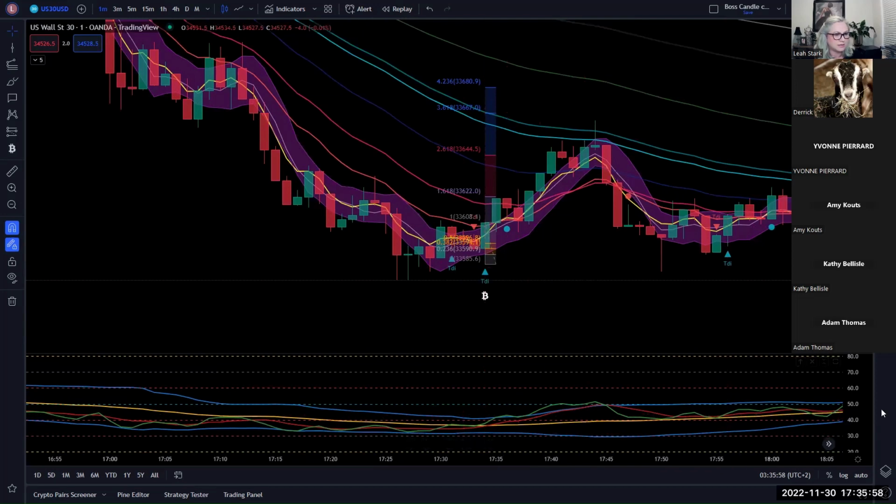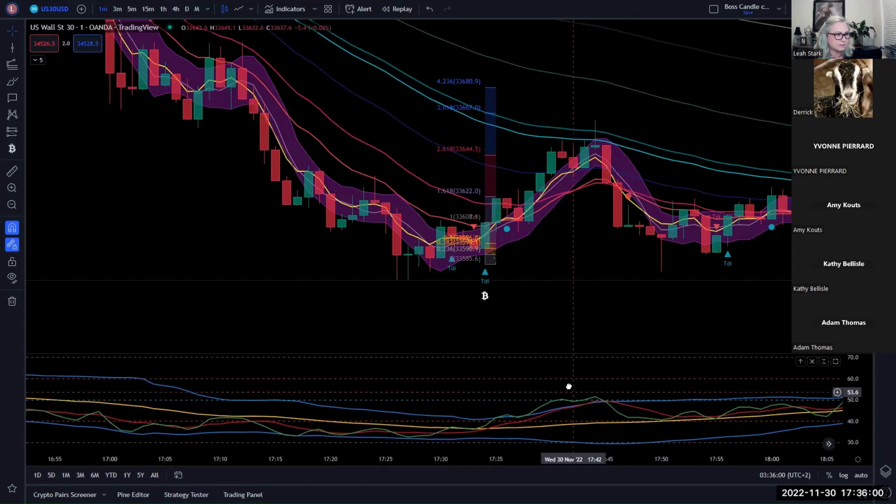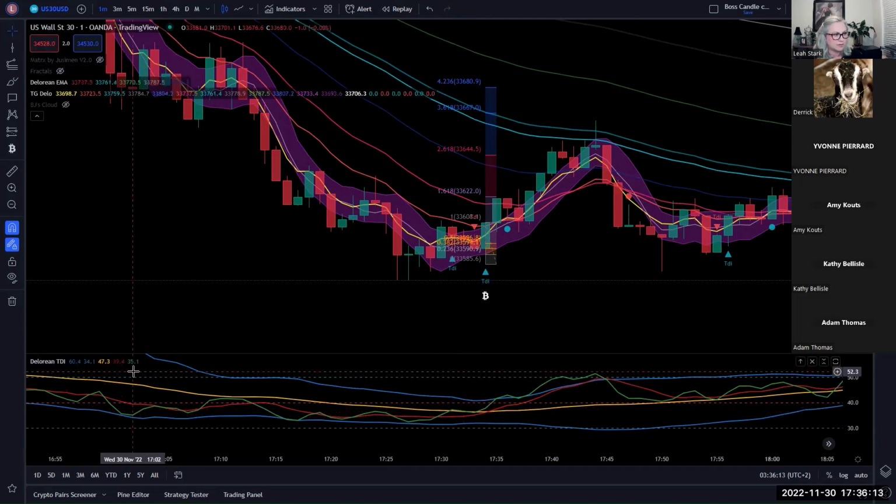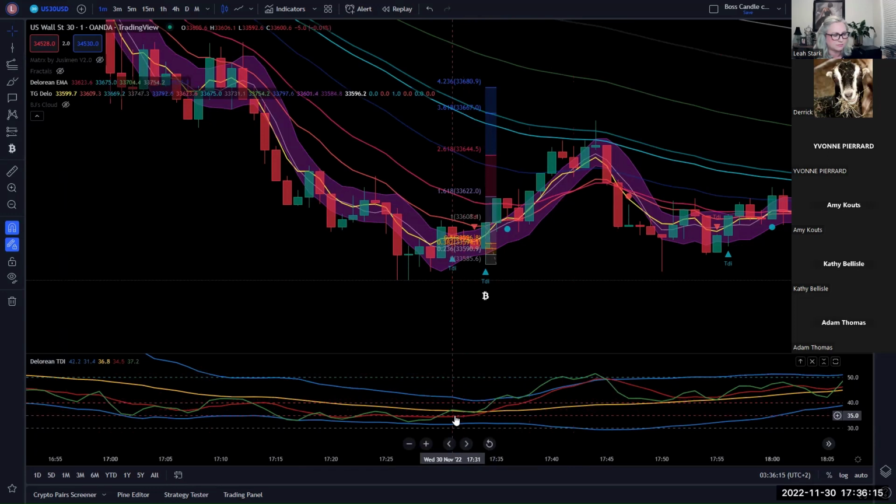So there's a couple of things that I notice specifically here. You can see because the indicator calls it out, but also if you just get really used to looking on the TDI, and if you have your indicators open, you can see what the differences in price are on the DeLorean TDI here.